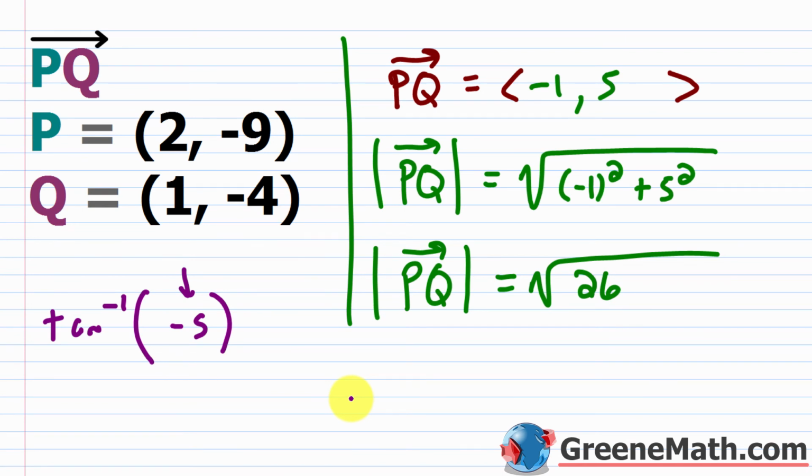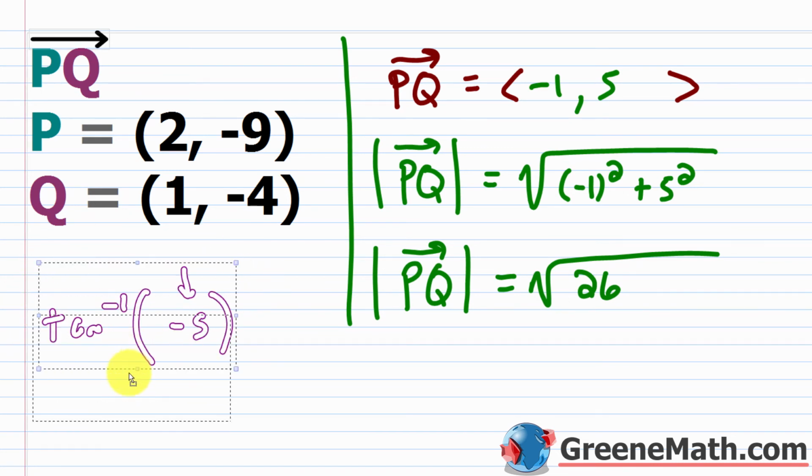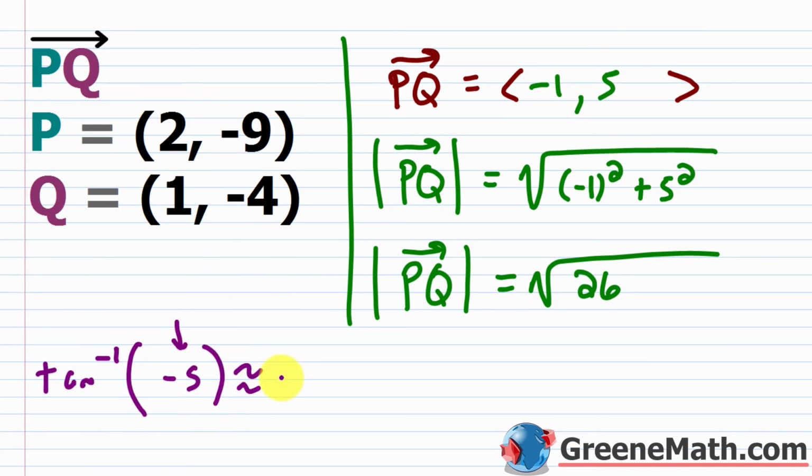Now, let's go back. I'm going to get about negative 78.69 degrees. What I want to do is think about this in terms of absolute value. So in quadrant 2, I want an angle with a reference angle of 78.69 degrees.